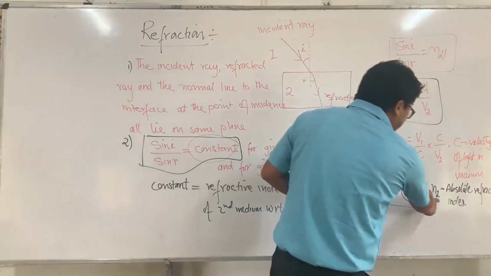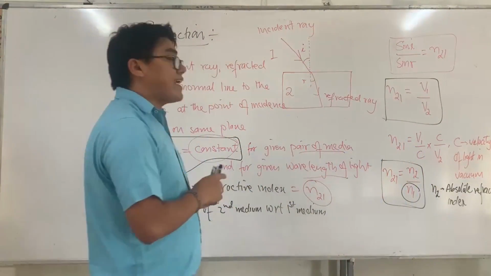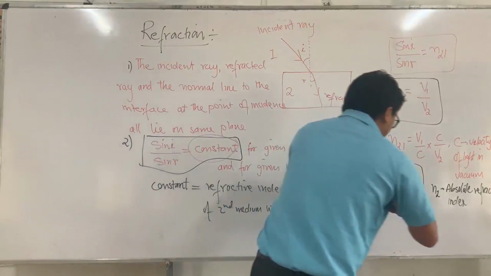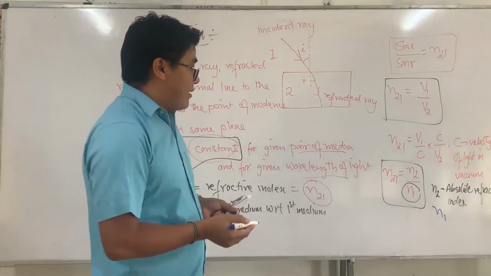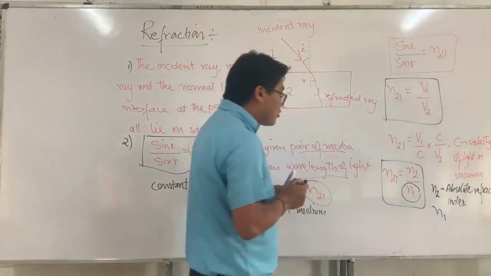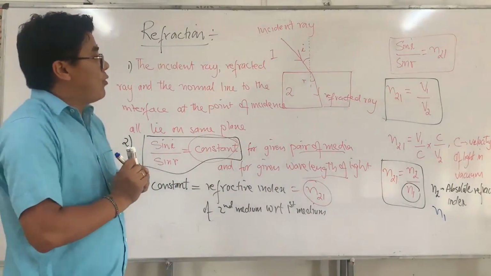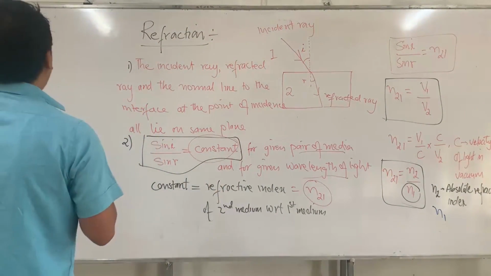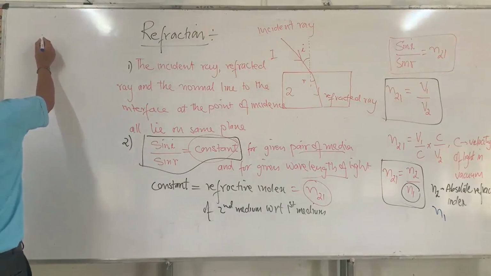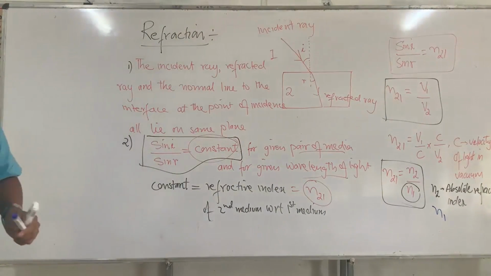So this determines the refractive index of only the second medium. Again, N1 is also absolute refractive index of medium 1. N2 is absolute refractive index of medium 2. Alright. So having this, I can write again here.